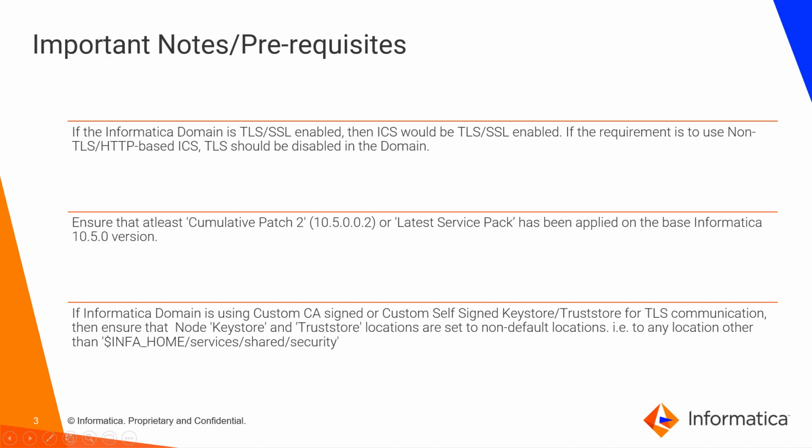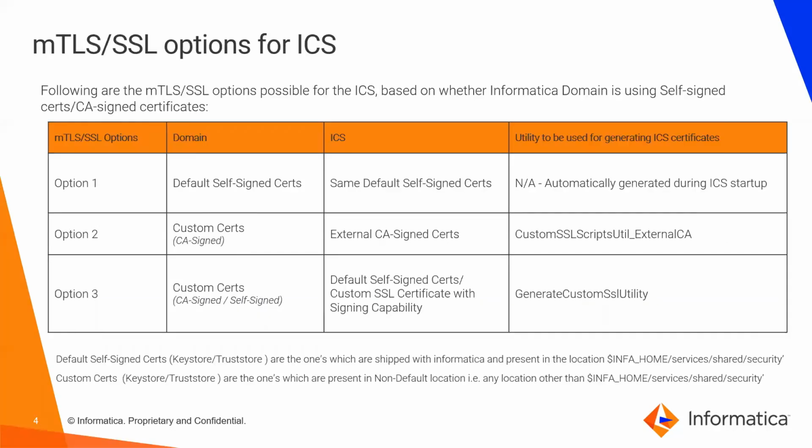Now, to enable SSL for ICS, there are three options, and these depend on what the customer chooses. The very first option is in case at the domain level you have decided to use the default self-signed certificate which is shipped along with Informatica. If you want to use the same default self-signed certificate for ICS also, then you do not need to do anything.